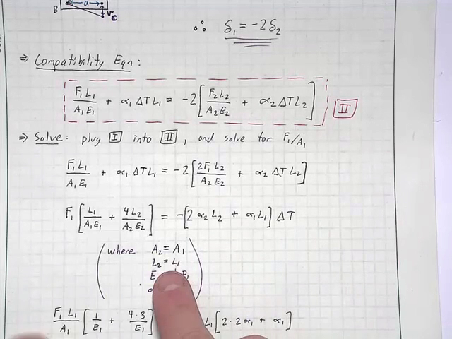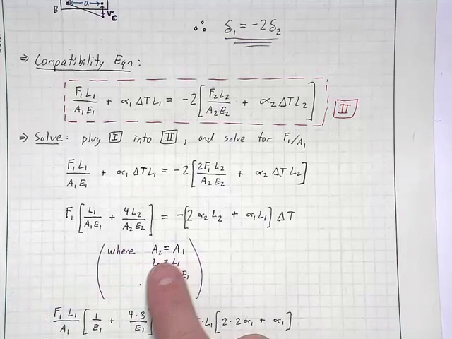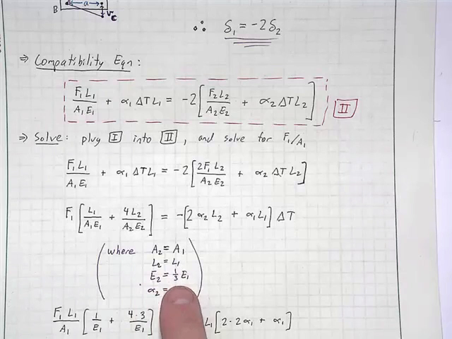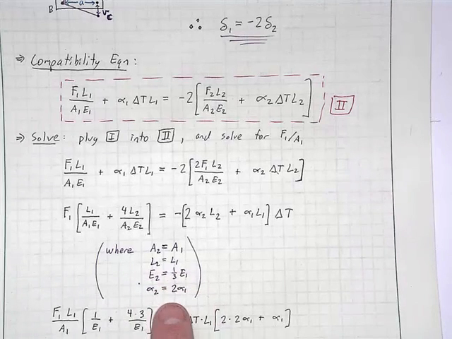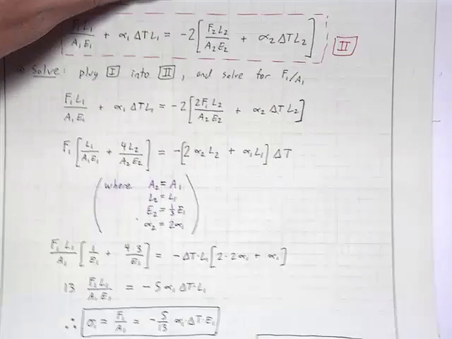Now we start looking here. Remember from our givens, A2 equals A1, L2 equals L1, E2 equals 1/3 of E1, and alpha 2 equals 2 times alpha 1. That's going to simplify things a great deal.